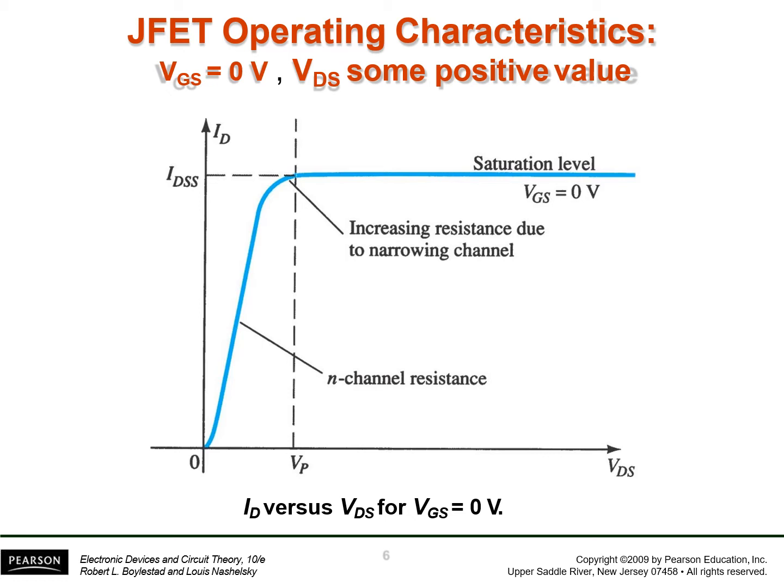This particular situation in which we have put VGS equal to 0, and ID comes out to be IDSS after VP, gives us the important characteristic of IDSS. Let's see how we get the value of VP.